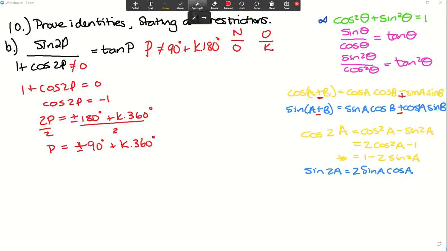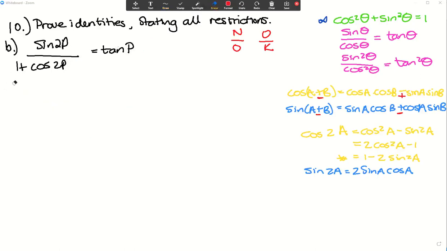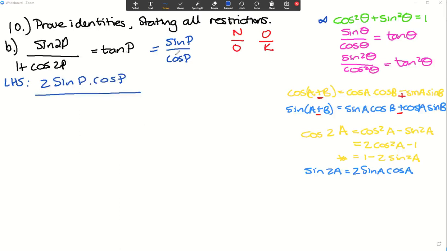So let's prove this identity, though. Our left-hand side is definitely more difficult than the right-hand side. Our right-hand side, if I can get this to look like sine p over cos p, then I've won. So let's get our left-hand side to look like our right-hand side. Sine 2p ends up becoming 2 sine p times cos p. And think about it, I need to keep a cos at the bottom and I need a sine at the top.